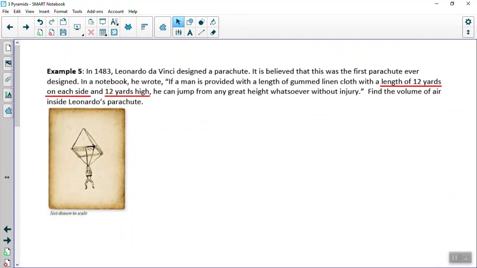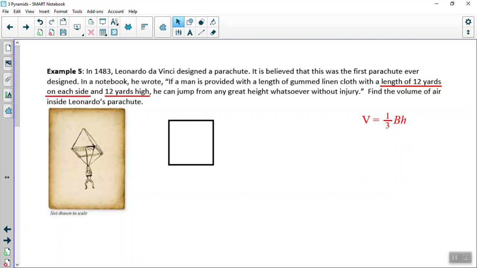Alright, so let's start with our formula. When I write down my formula, I notice I've got to calculate the area of the base. It is going to be a square base pyramid because it said that it had a length of 12 yards on each side.